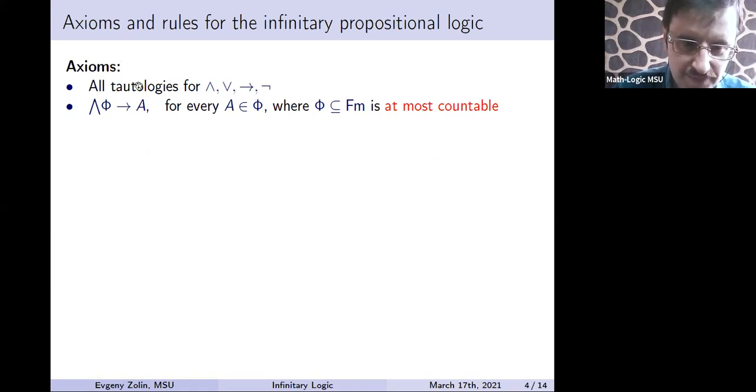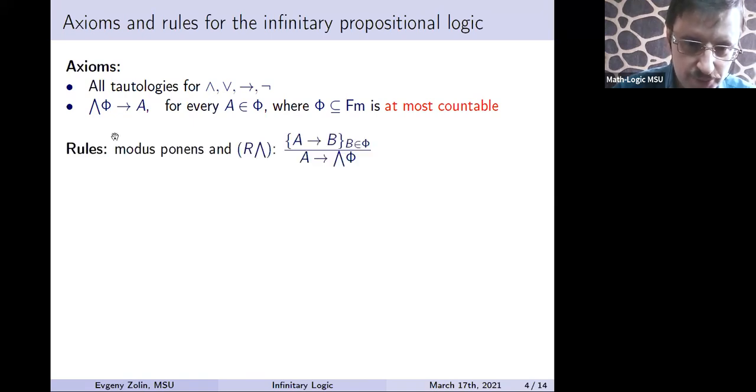So the first axioms are tautologies for these finitary connectives. And now we have a schema. If A is a formula and phi is an at most countable set of formulas which contains our formula A, then this is an axiom.